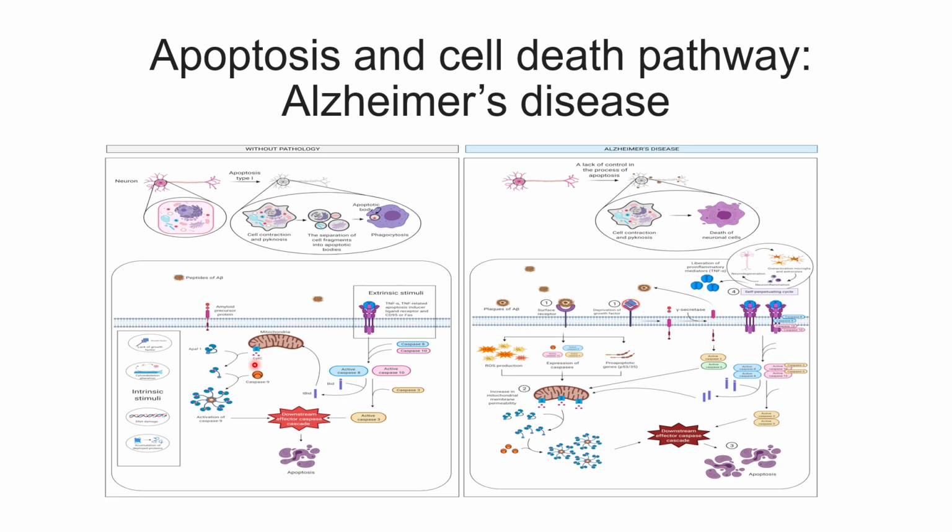APAF1 binds with cytochrome C of the mitochondria, which will bind to caspase 9. This leads to the activation of caspase 9, as I have said earlier. And this caspase 9 is one kind of protease, so it helps in the degradation of a protein, or helps in the apoptosis of that protein.